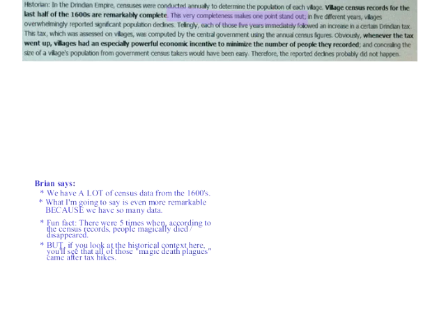So the tax was based on population, on number of people. When the tax went up, there was an obvious incentive to pretend that the population went down. And that's what they did, and it would have been easy to do.